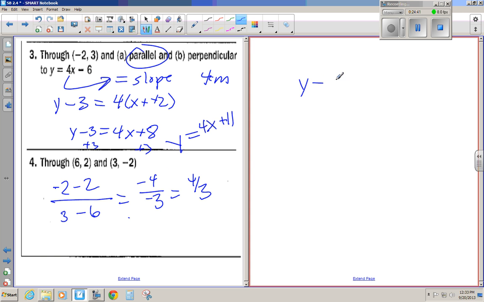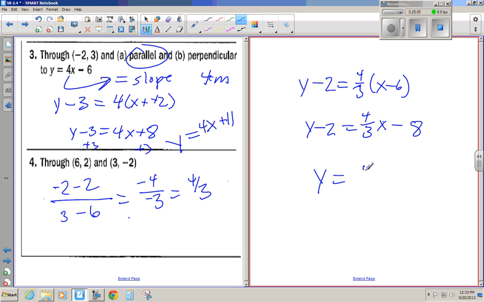So y minus 2 equals 4/3 times (x minus 6). y minus 2 equals 4/3 x minus, I think it's 8. Add 2 to both sides. Minus 6.